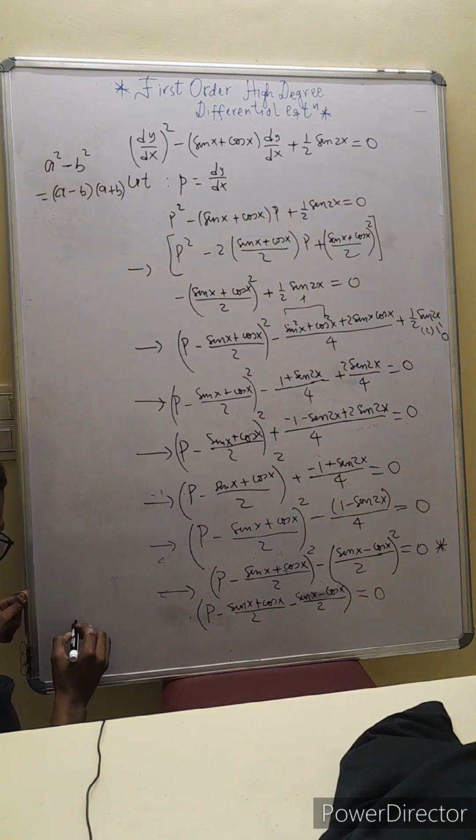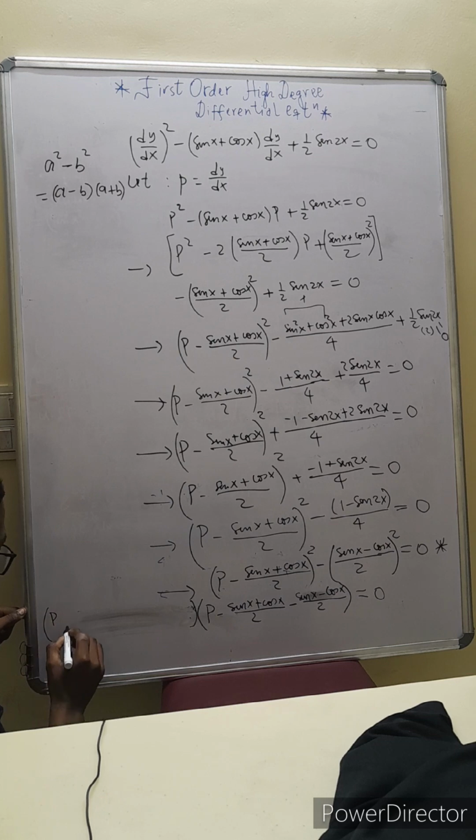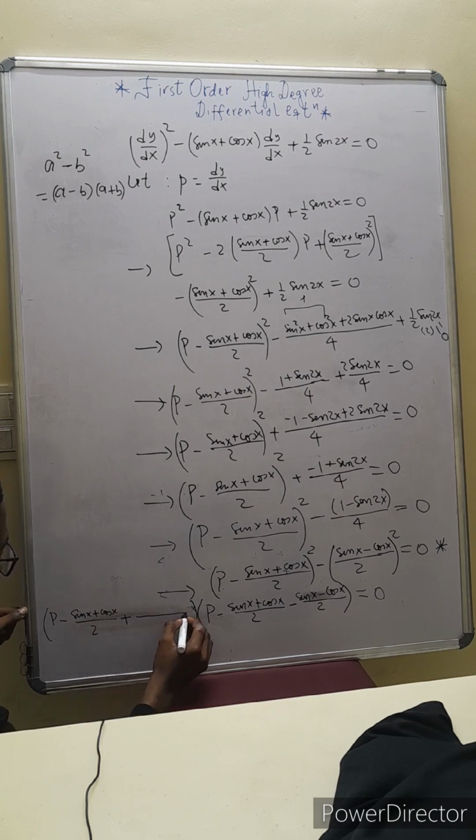Then here I will write the other part: p minus (sin x plus cos x) by 2 plus (sin x minus cos x) by 2.